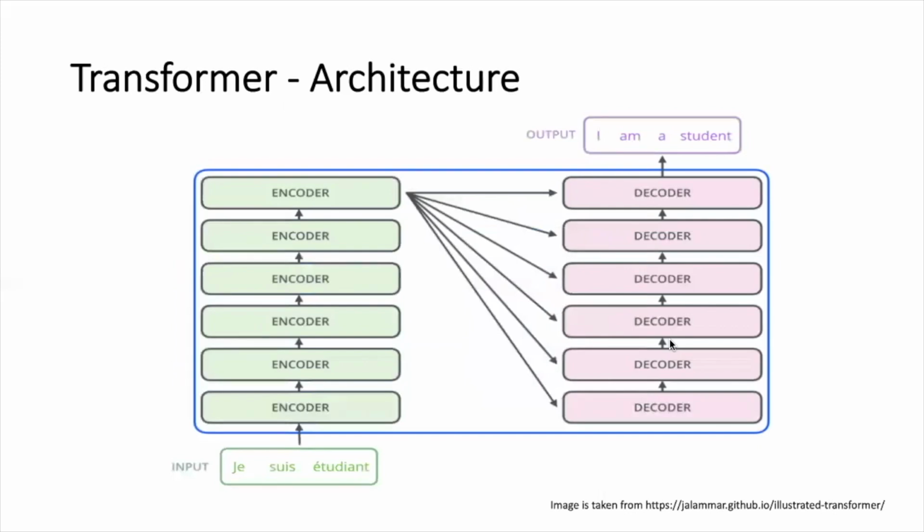If you look at a closer view, we see that the encoders are stacked on top of each other, and similarly the decoders as well. In terms of the flow of the inputs and how exactly they flow through this stack of encoders, we see that for each input word, for example, here we have three input words, they are passed on to the first encoder block.